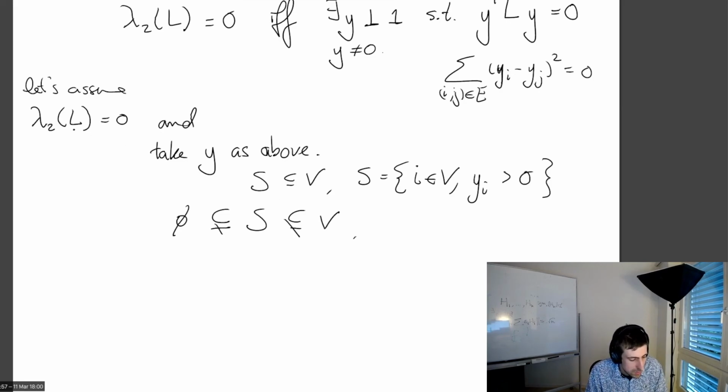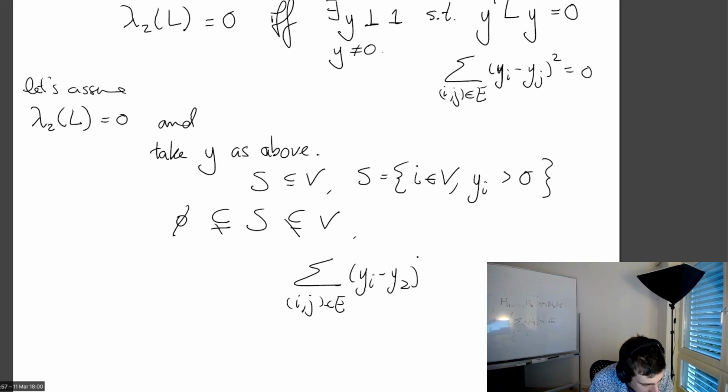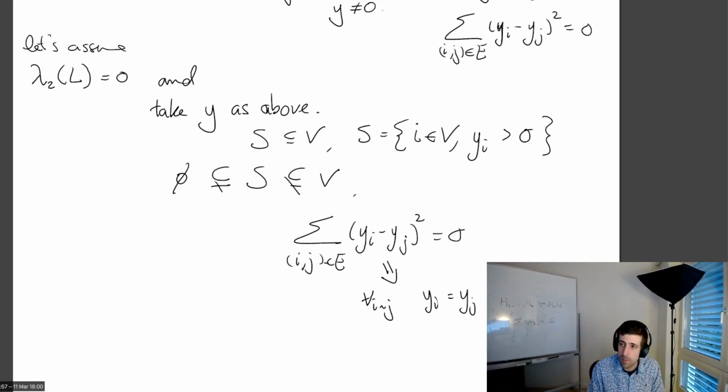However, if lambda 2 of L is 0, then I must have that the sum over edges ij of (yi minus yj) squared is equal to 0. But if there's a term in which I pick up one positive number and one non-positive number, then this term must be strictly positive. Because all these terms are non-negative, this implies in particular that for all i connected to j, yi needs to be equal to yj.